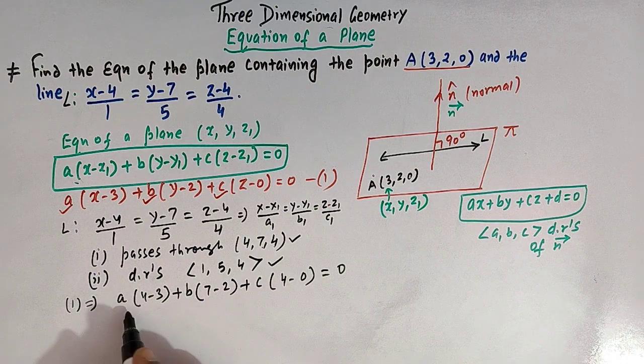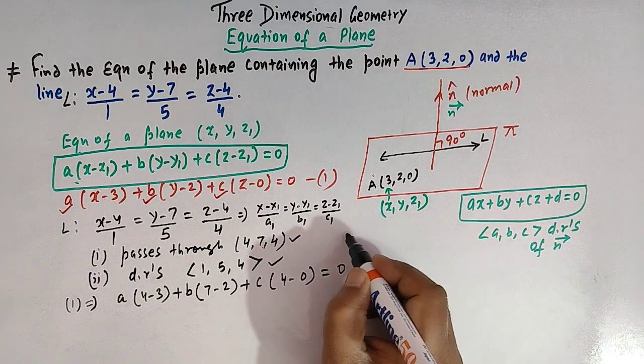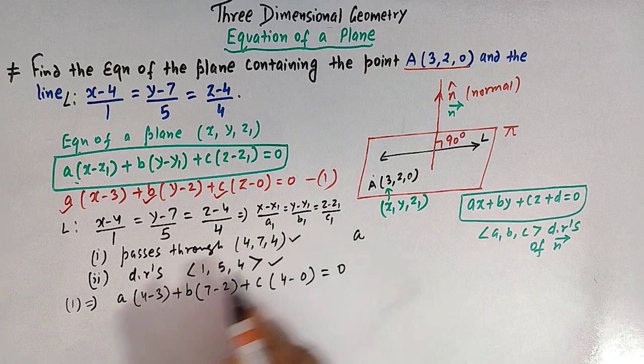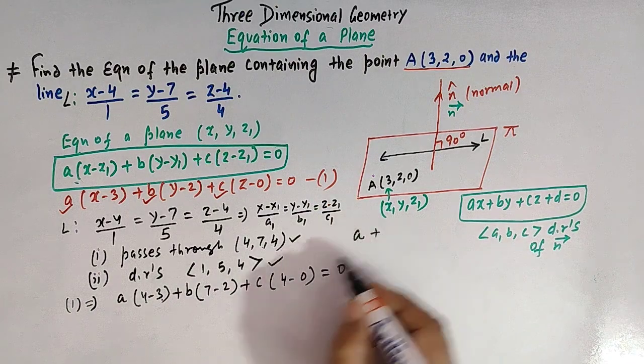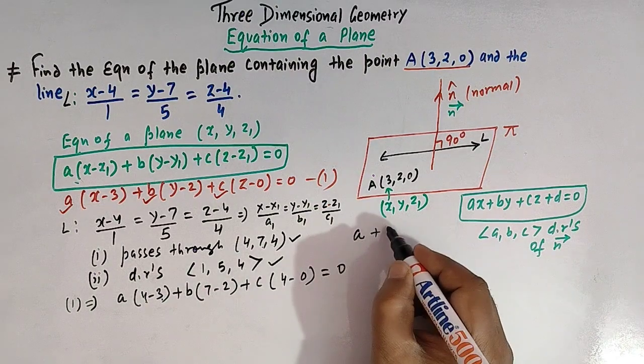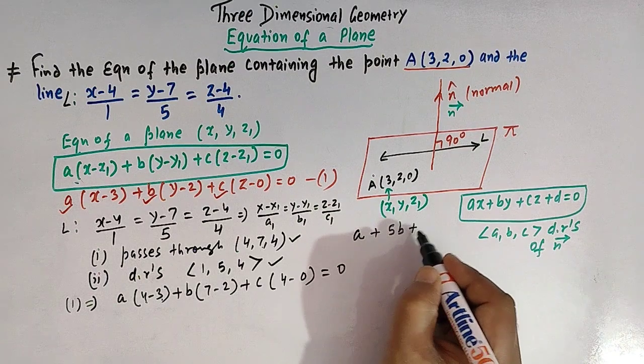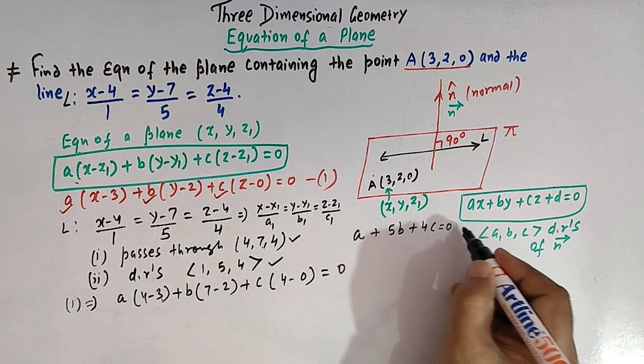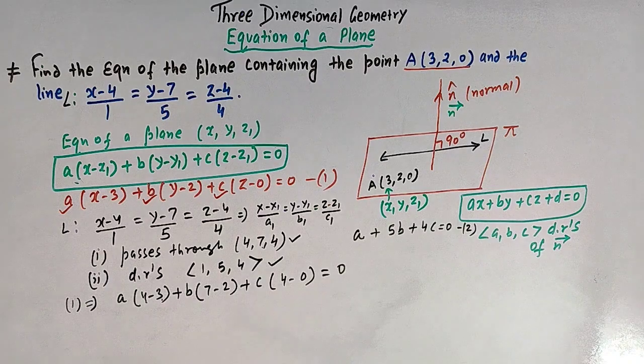We can simplify it: 4 minus 3 is 1, 7 minus 2 is 5, so we have a plus 5b plus 4c equals 0. So this is equation number 2, right?